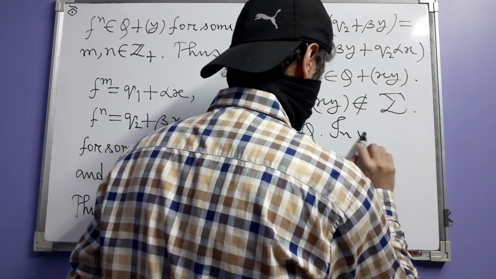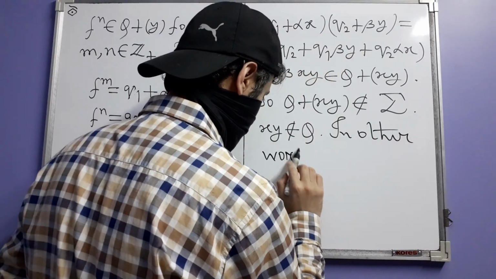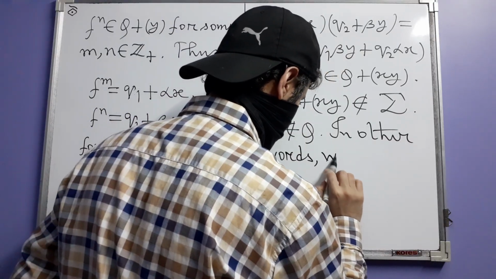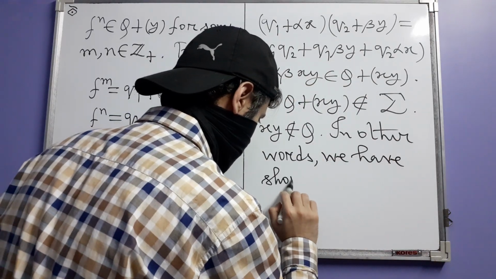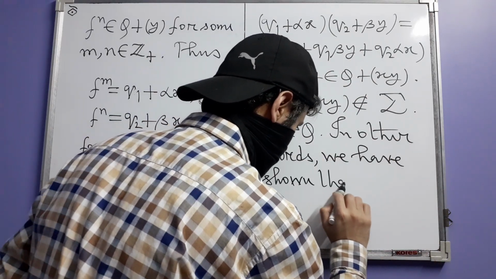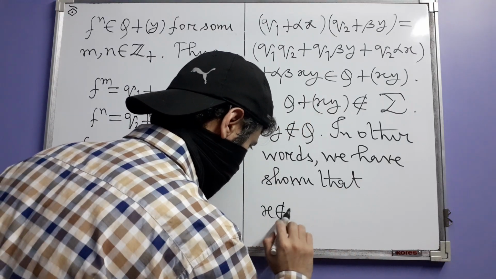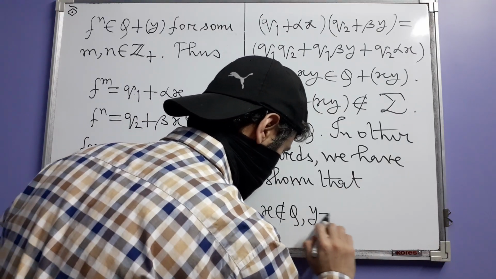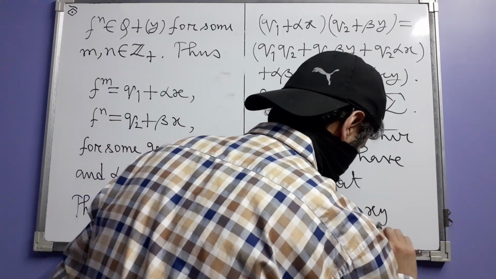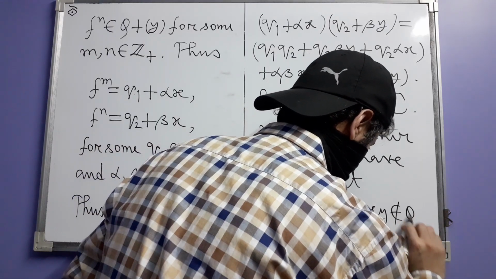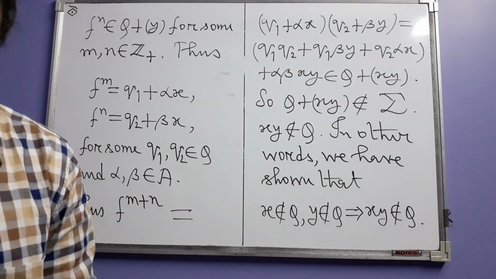In other words, we have shown that x not in Q and y not in Q implies that xy is also not in Q. Hence, Q is a prime ideal.